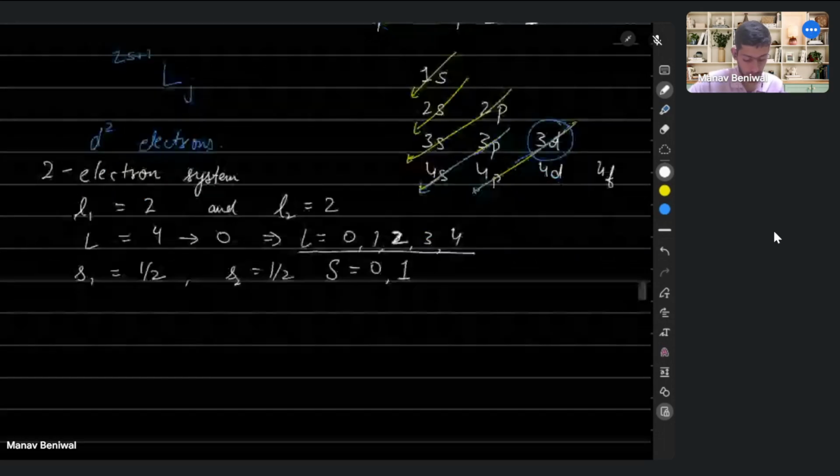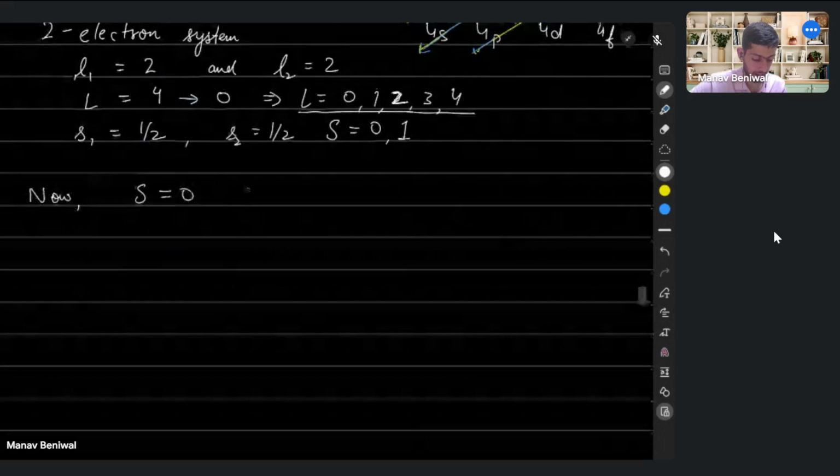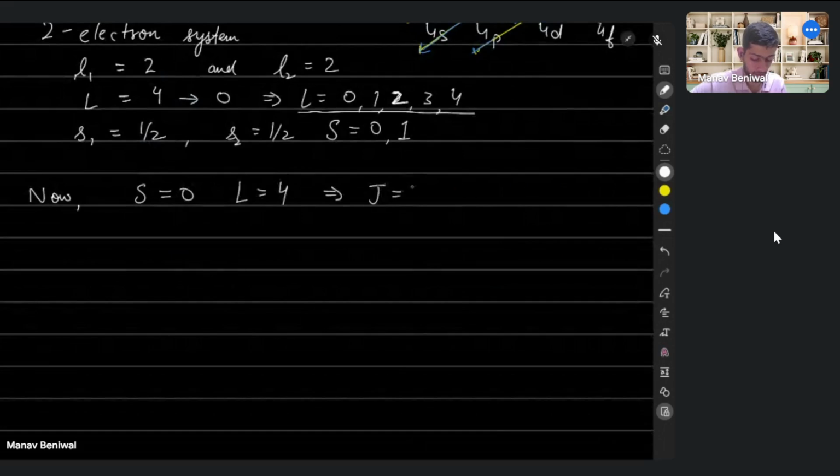Now if S is 0 and L is 4, this gives us J as 4. The multiplicity 2S plus 1 is 1. So the configuration becomes 1, and L equals 4 is G, and J equals 4, so 1G4.